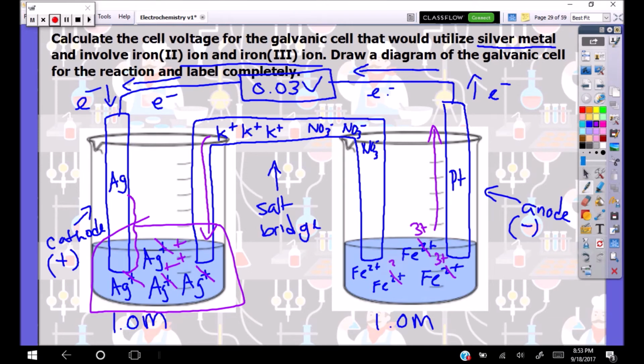We're losing electrons, right? So now we're building up charge on the other side, and we need to balance that charge out with our nitrate ions. So in effect, these two systems together create this loop. This is completing our circuit. And electrons can continue to flow in this manner and provide a voltage of 0.03 volts.